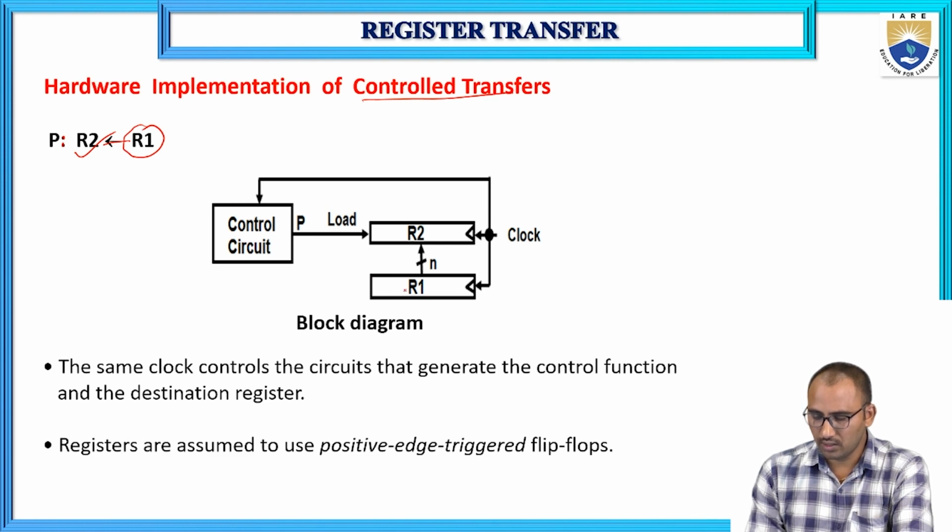This is the R1 register, this is the R2 register, and this is a control circuit. The control circuit will generate a signal, that is P. If P is equal to 1, then only the contents of R1 will be transferred to R2. Controlled means we are specifying some condition; if the condition is met, then only the data transfer will take place.